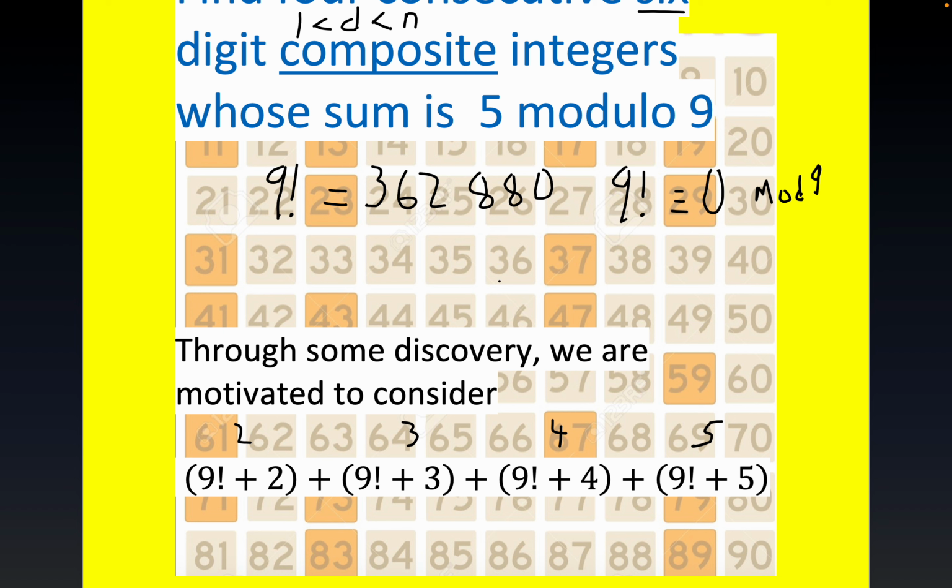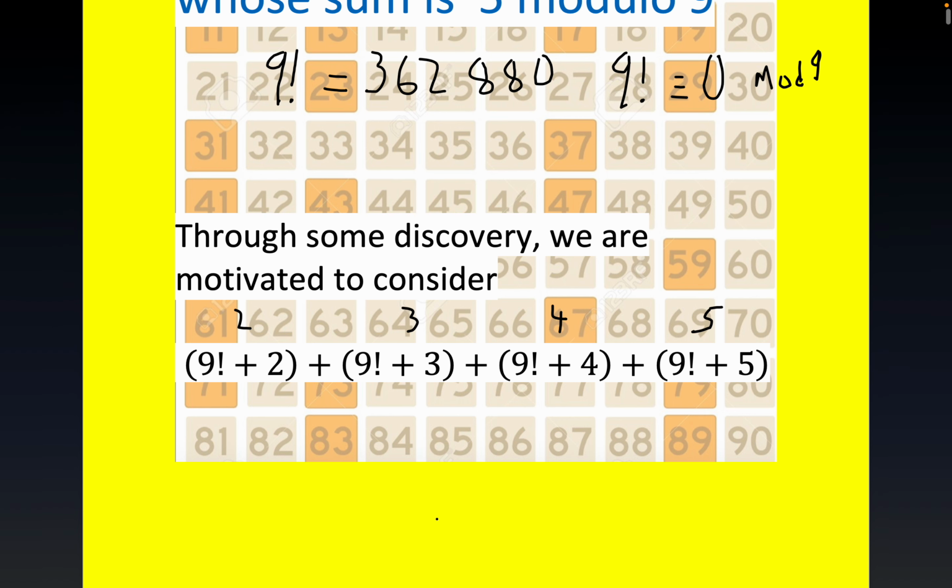Now, what about the one whose sum is 5 modulo 9? In plainer language, that means when you divide this number by 9, you get a remainder of 5. So let's write down what this is equal to.